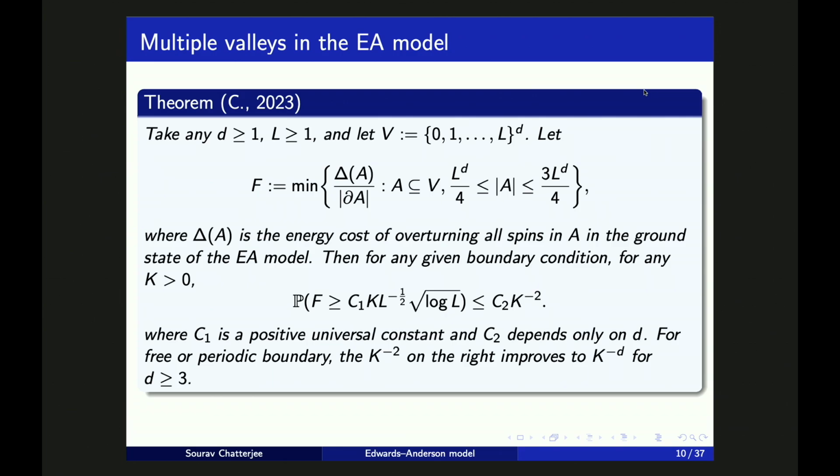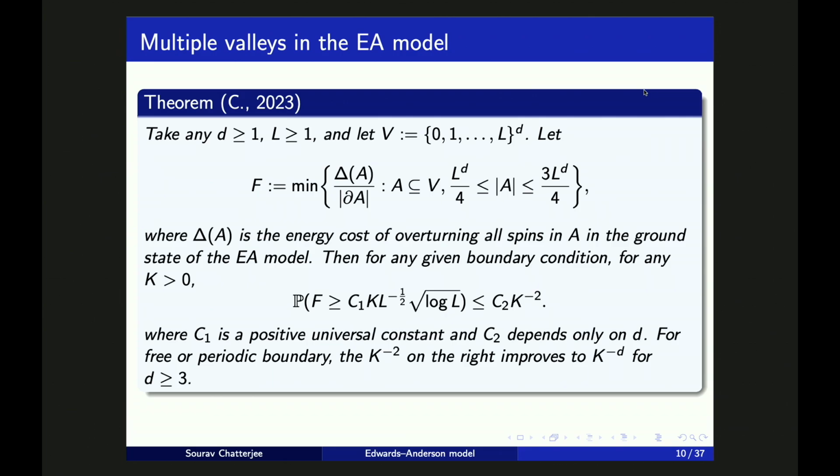So what you do is you take this box, and you take this ratio for any region A, the contribution from the boundary if you overturn all the spins in the region, divided by the size of the boundary, and you take the minimum possible value among all sets which are macroscopic in size, that is, whose size is between 1/4 and 3/4 of the total volume, okay?